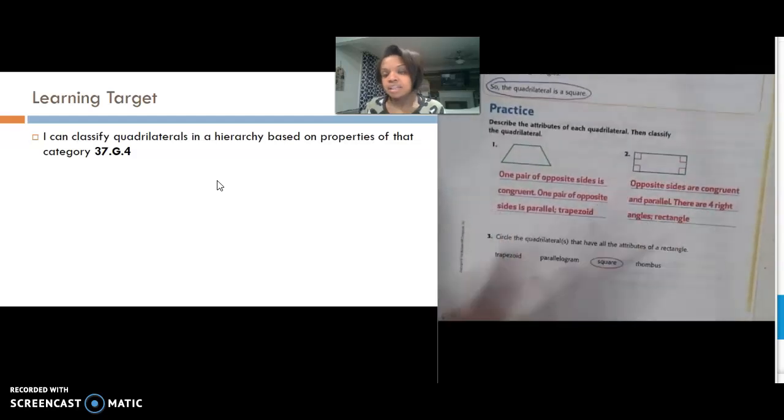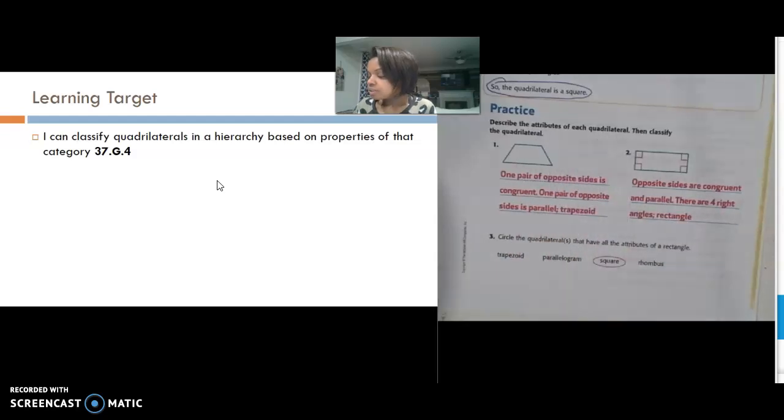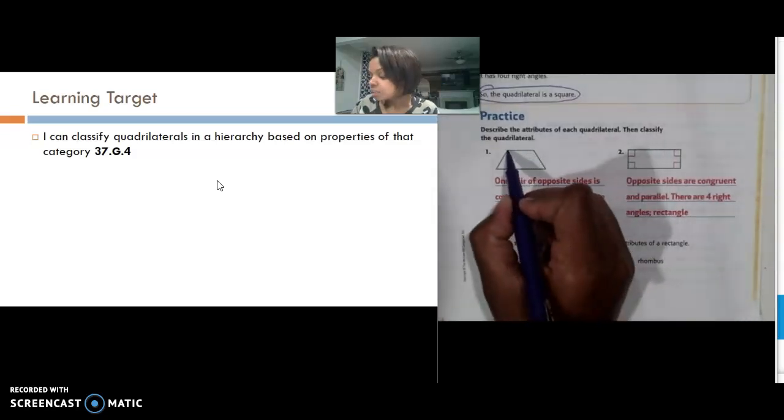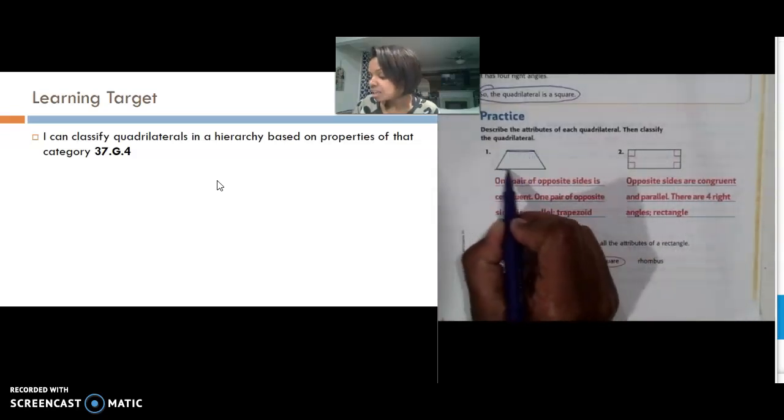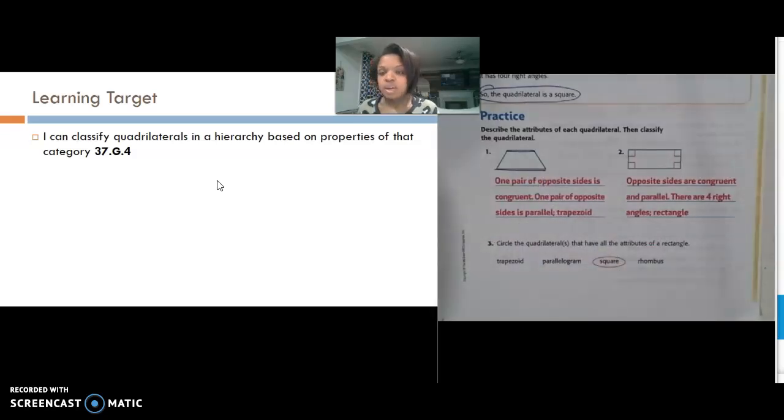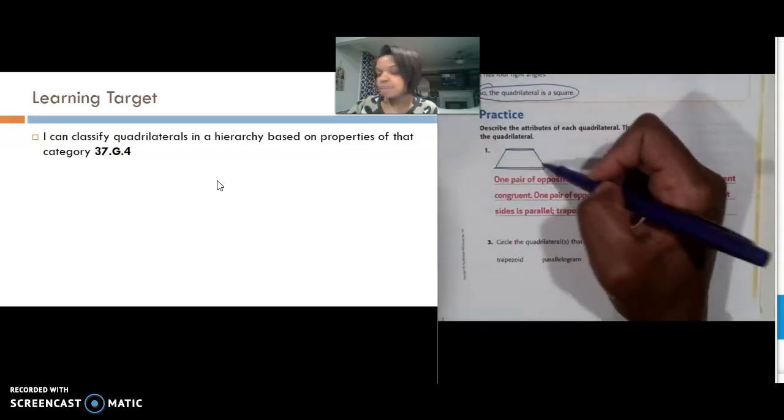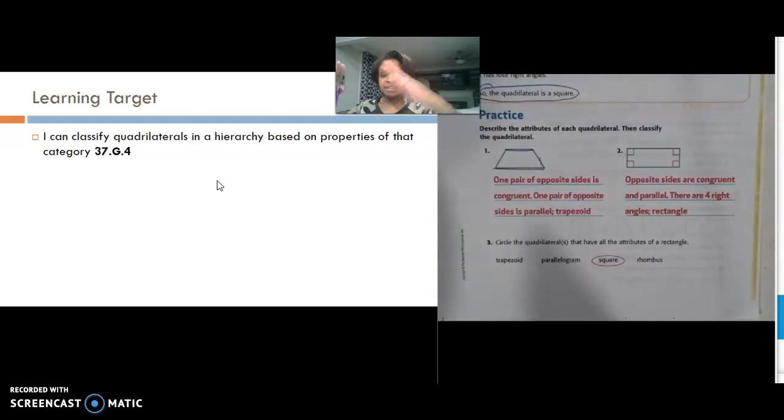Let's look at our practice for number 1. Describe the attributes of each quadrilateral, then classify that quadrilateral, meaning name it. So we can see that this one has 1 set of parallel sides, just 1. These 2 lines are not parallel because if the trapezoid continues to go, they're going to, over time, intersect each other. So that is not a parallel set of lines.